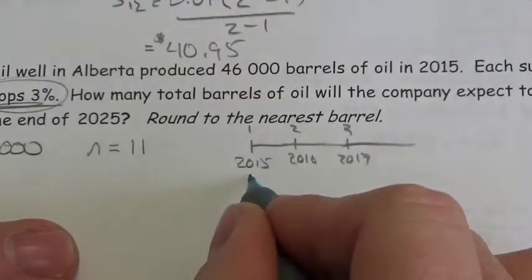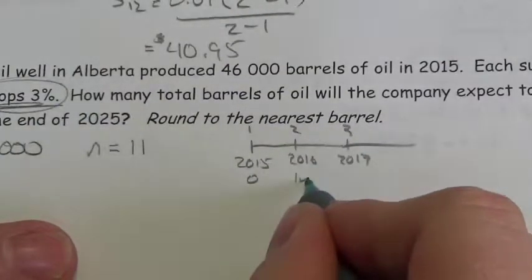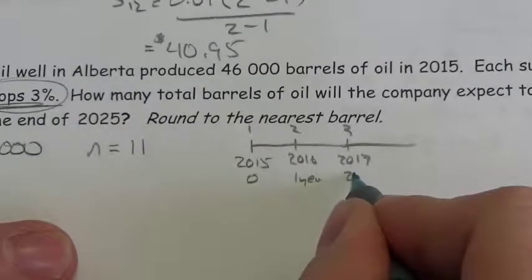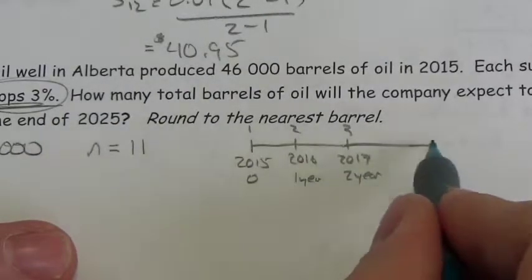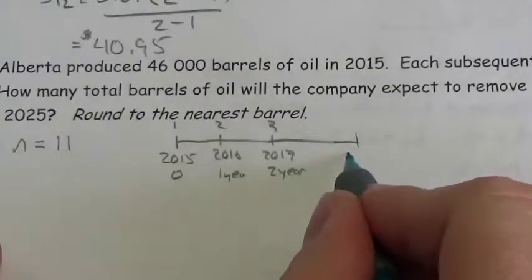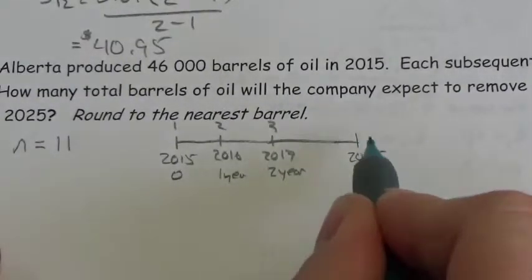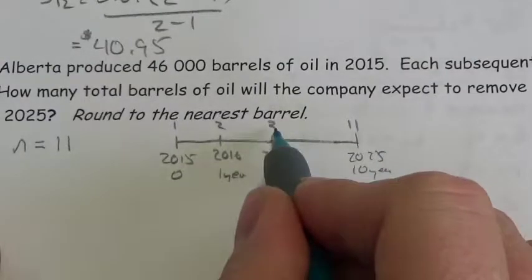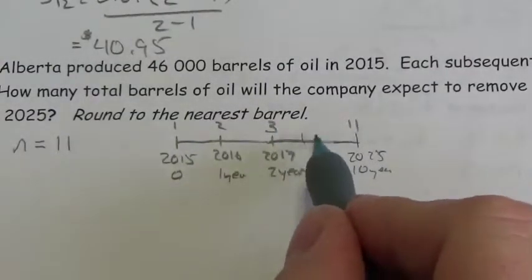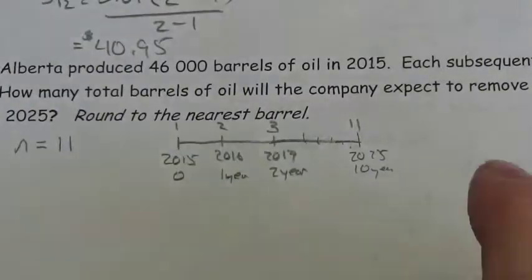Now, this is no years later. This is 1 year later. This is 2 years later. By the time we get out to 2025, this is going to be 10 years later, but that has got to be the 11th term.